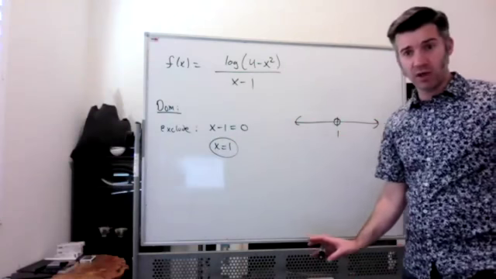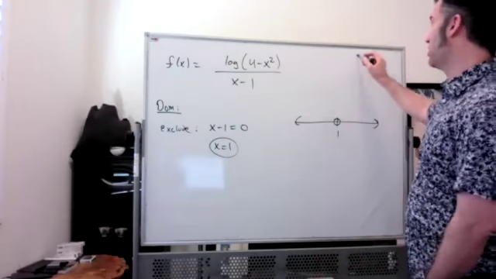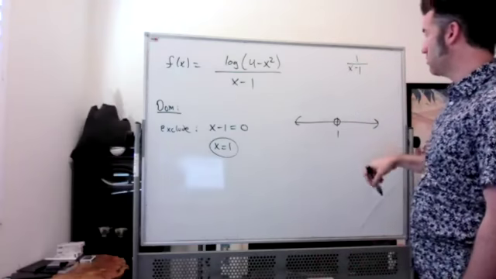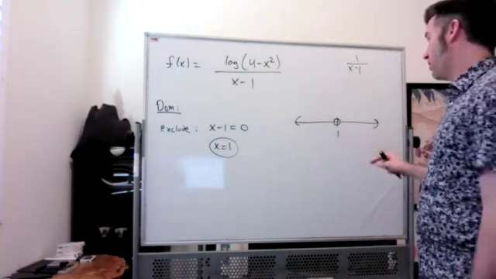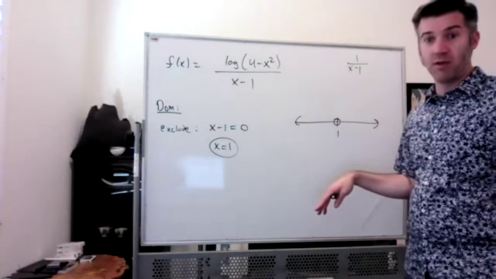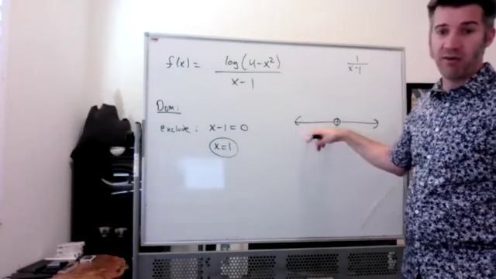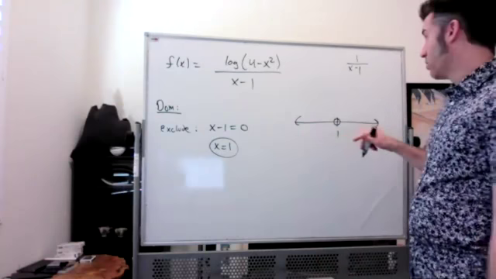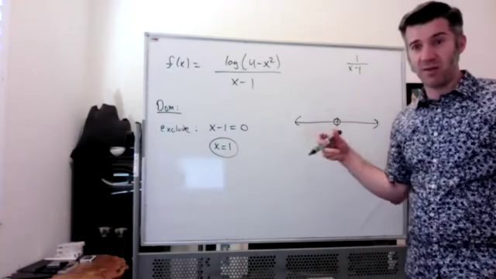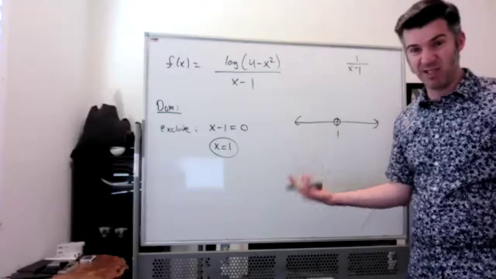Everything else so far is good, right? If the function was just 1 over x minus 1 or 2 over x minus 1, and there wasn't a problem on top, then you could say my domain is everything from negative infinity to 1 and 1 to infinity, right? When you're talking about a denominator, it doesn't have to be negative or positive, it just can't be 0.